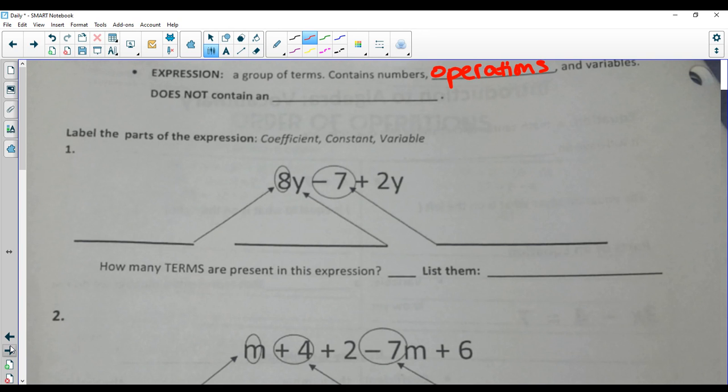What does an expression not have? Remember? An equal sign. An expression does not have an equal sign. All right, so what I want you to practice doing is labeling the pieces of these expressions. Okay? And then we'll check over them, hopefully.